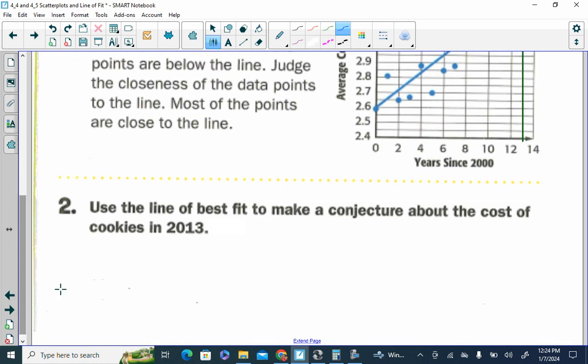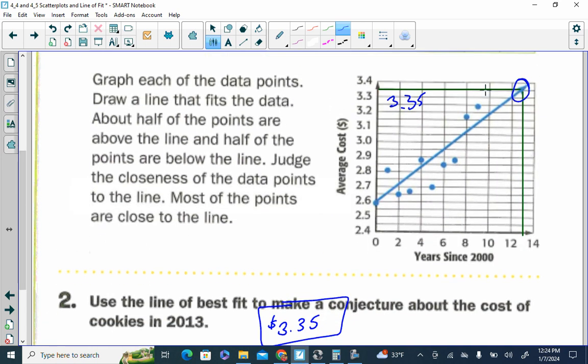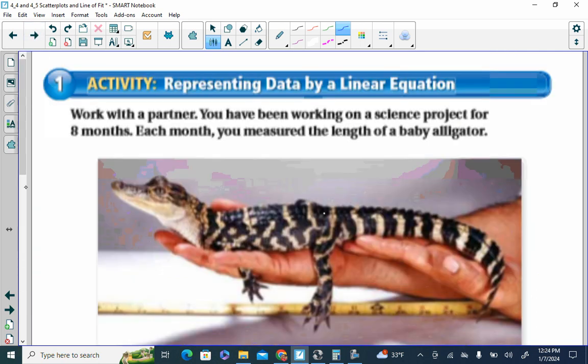So when we're asked to use the line of best fit to make a conjecture about the cost of the cookies in 2013, it looks like the cost of the cookies is going to be $3.35. So we can use our line of fit to make conjectures or reasonable assumptions based on the line that represents the data we're looking at.